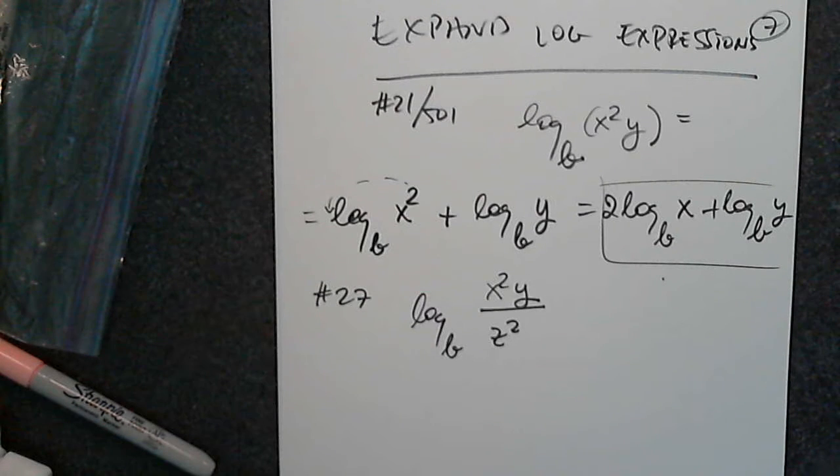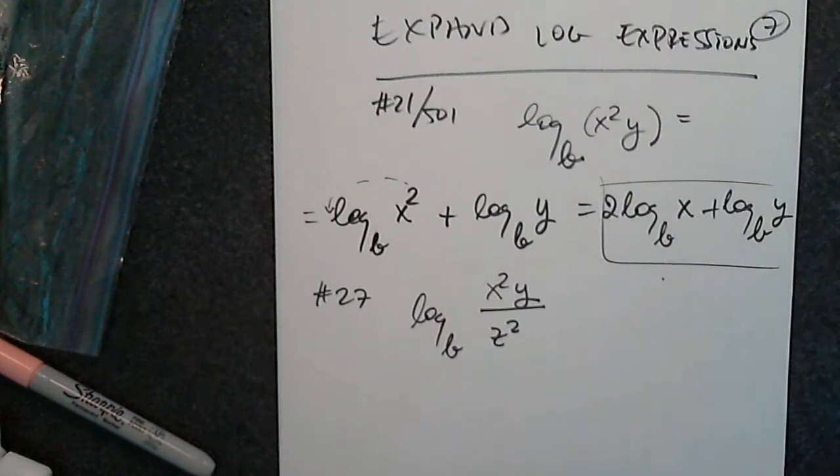How many factors do we see in the denominator? 1, which means only one log will have what in front? The negative sign. 2 factors come from the top, both logs will have positive in front. 1 factor comes from the denominator, only one log will have the negative sign.